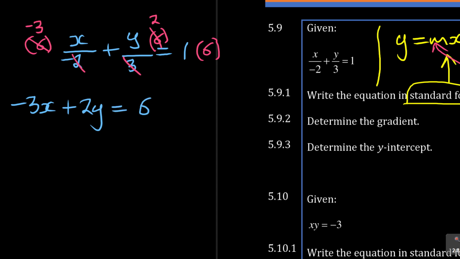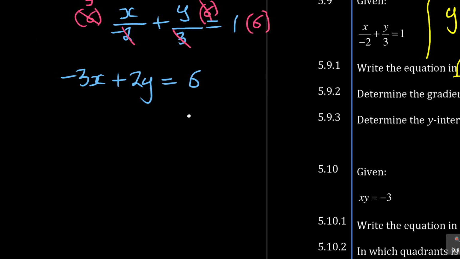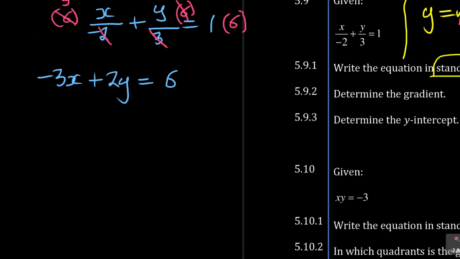We're not yet there. Standard form says what? y is equal to mx plus c, meaning y is the subject of the formula. So what you do is you take this negative 3x, let it jump the equal sign. When it jumps, it will become positive.